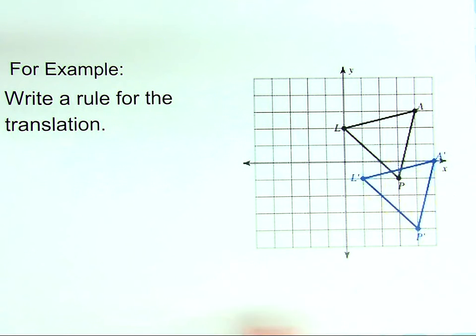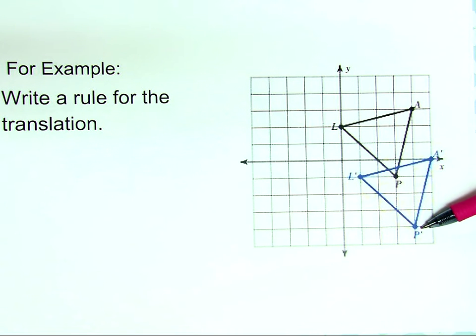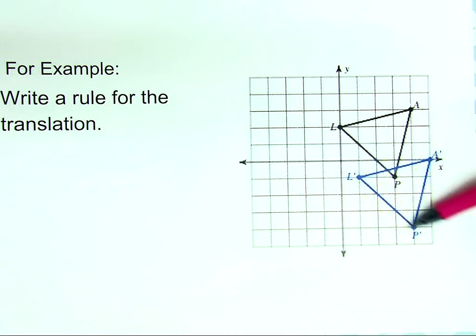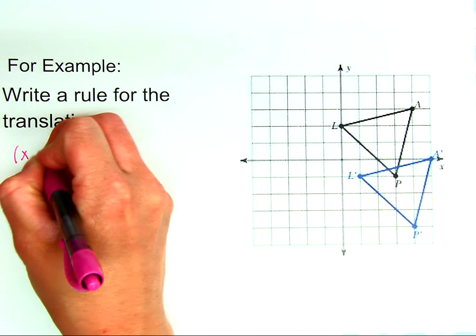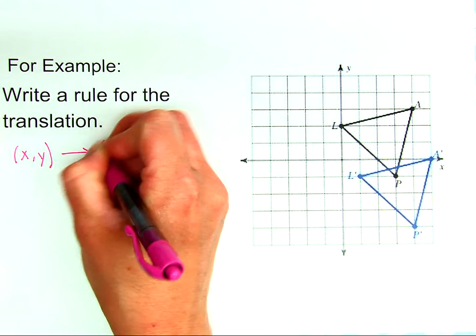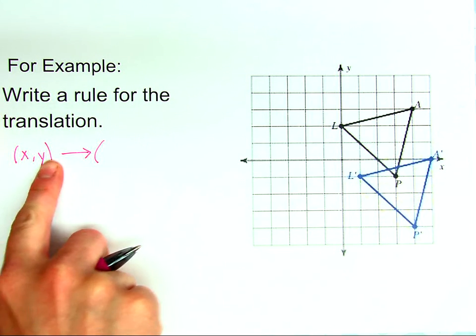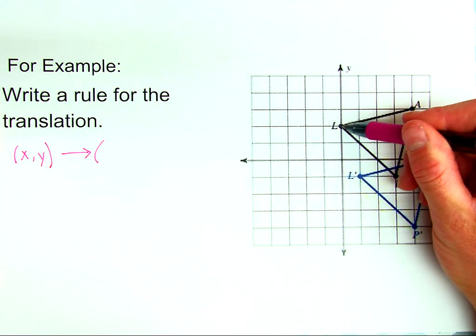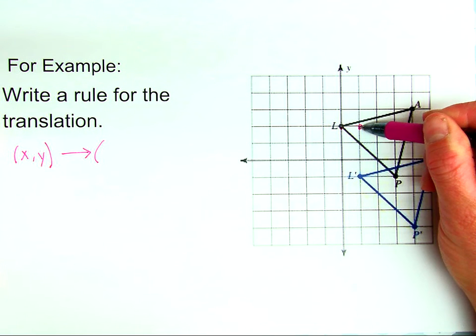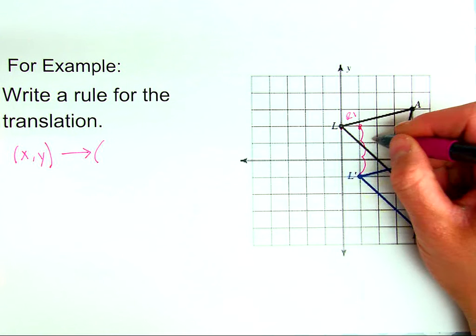I've already given you the pre-image and then the image, the one with the primes. This is where I end, in this blue form here. So some (x, y) coordinates, what's happening to them. We always just start with (x, y) is being translated to, let's see, from here we went to the right 1, and we went 1, 2, 3 down.